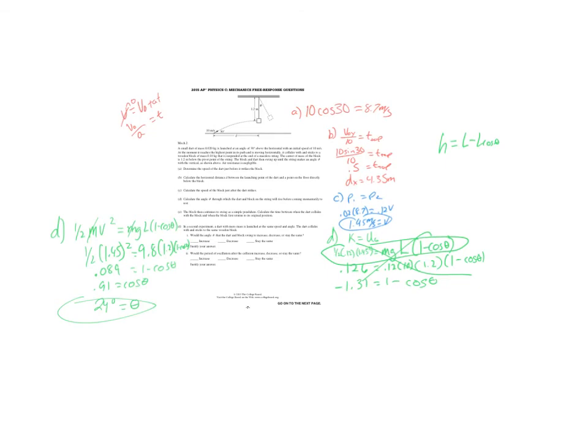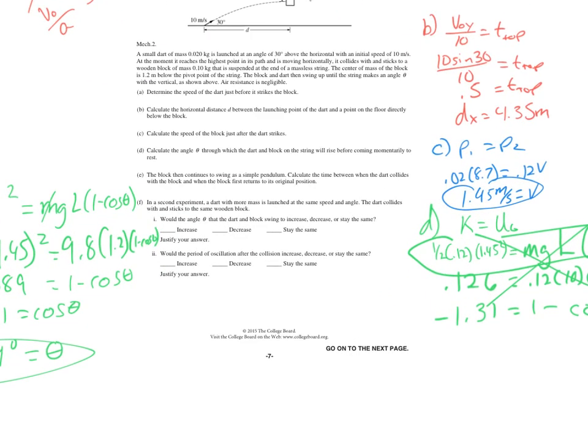And then E, the block then continues to swing as a simple pendulum. Calculate the time between when the dart collides with the block and when the block first returns to its initial position. All right, so basically this is the period divided by 2, because if you're just going there and back, it's going to be period over 2.